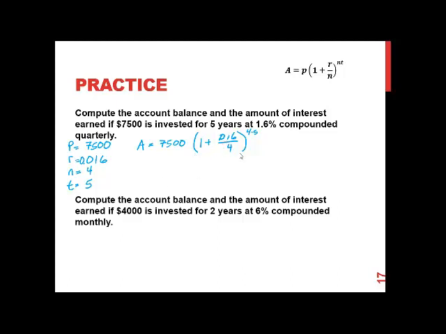If you're not going to use a complicated calculator, if you have a simple calculator, what I would suggest is you start with the innermost and work your way out. So take 0.016 divided by 4 equals. And then say plus 1 equals.